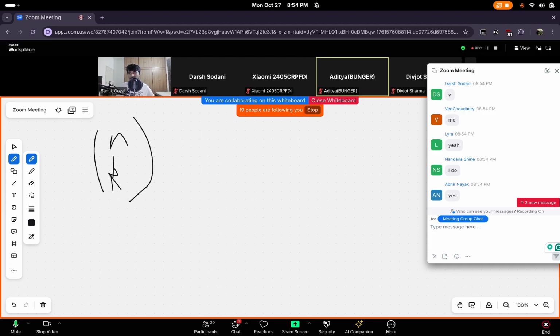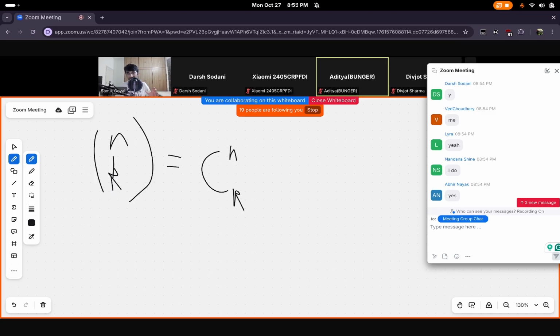There's quite a few ways of writing it down. It's also written as this. It's the same thing. What it basically represents is how many ways there are of choosing k items out of n items.